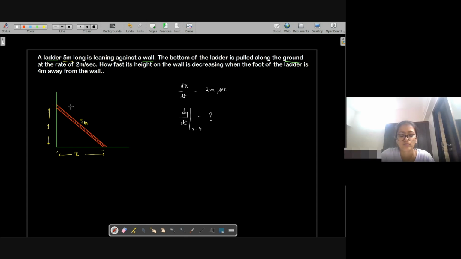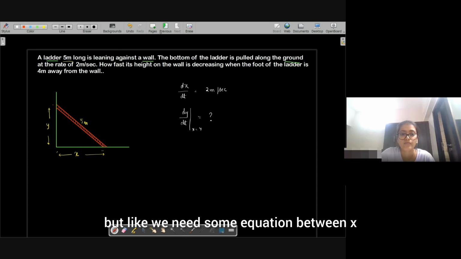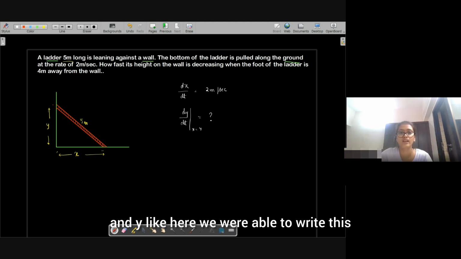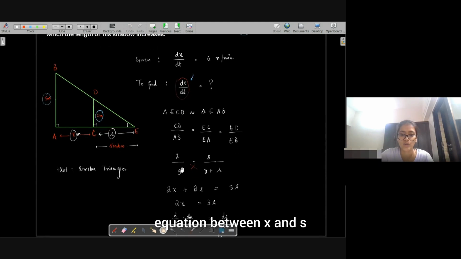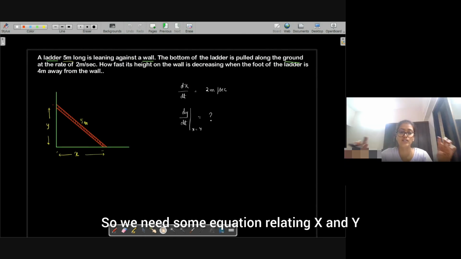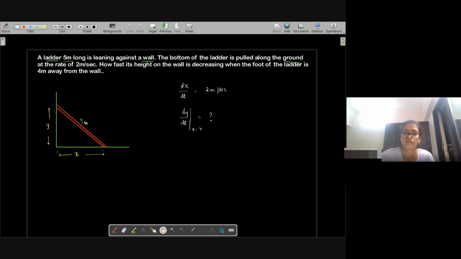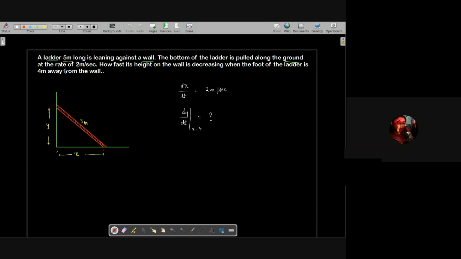But we need some equation between x and y. Like here, we were able to write an equation between x and s using the concept of similar triangles. So we need some equation relating x and y. I have no idea.